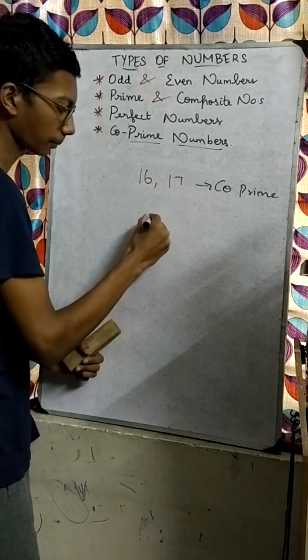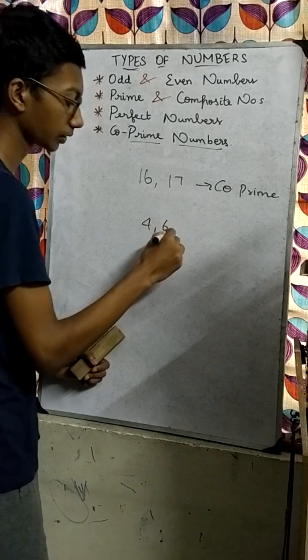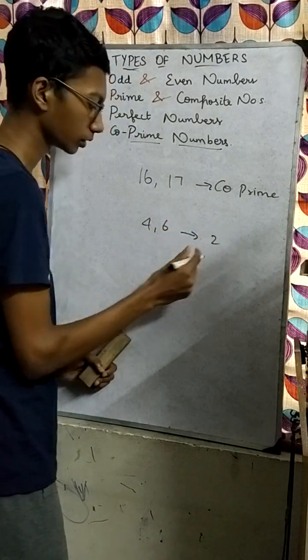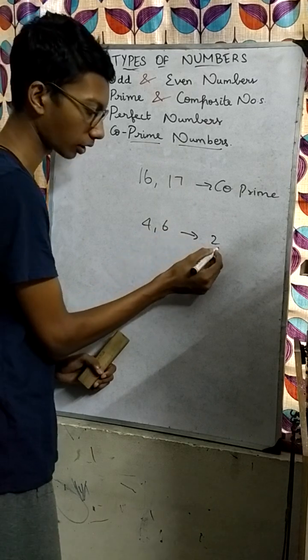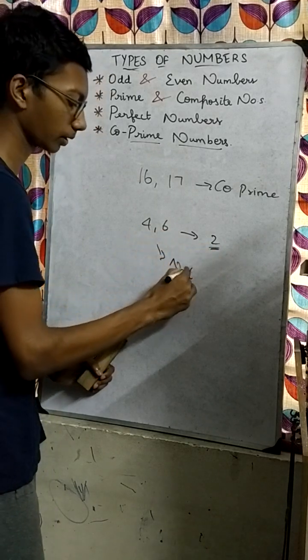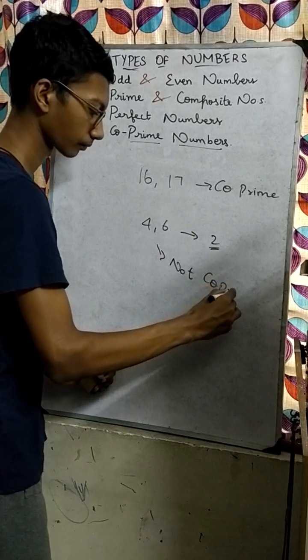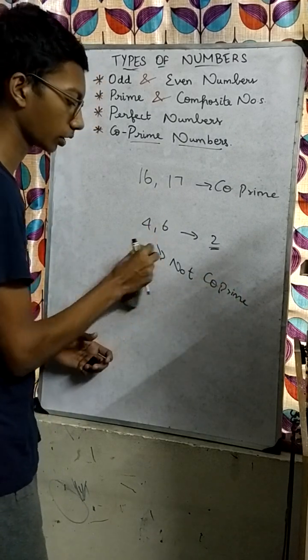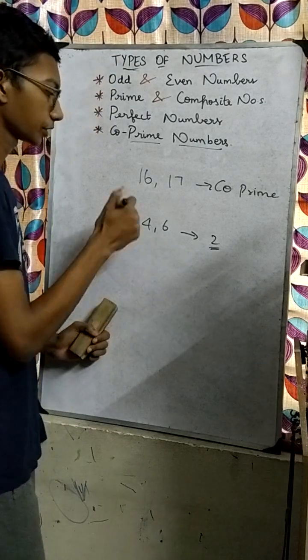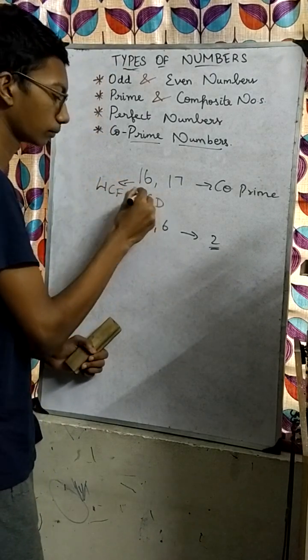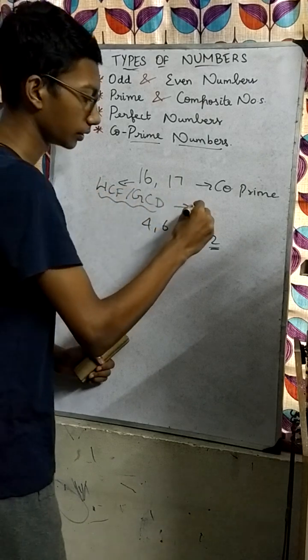Let's take an example like 4 and 6. These two numbers have a common factor, that is 2. Both these numbers are divisible by 2. So these two numbers are not co-prime numbers. Another way of telling if numbers are co-prime or not is that the HCF or GCD, we can say both, is 1.